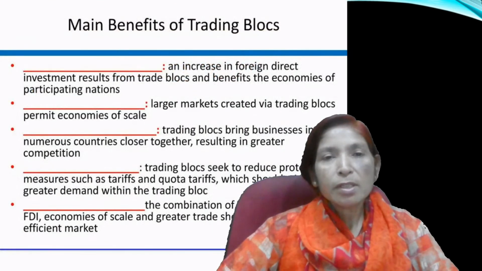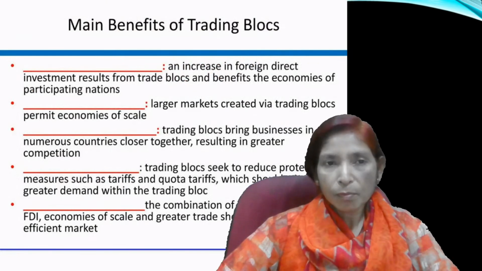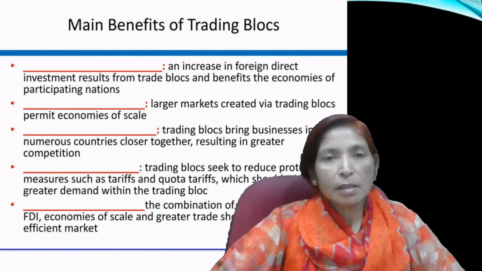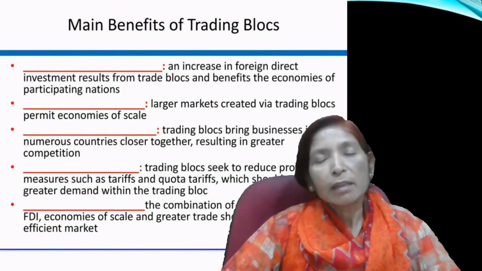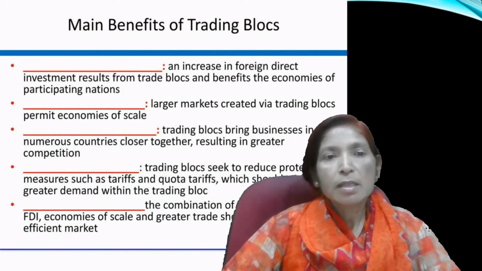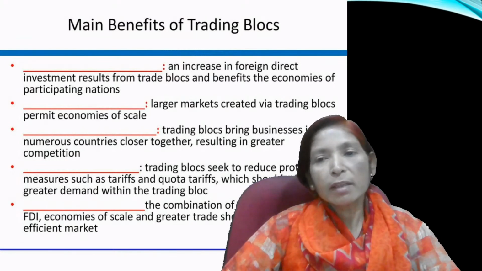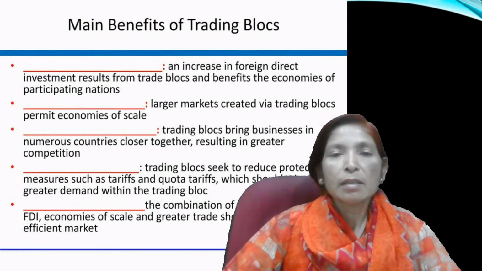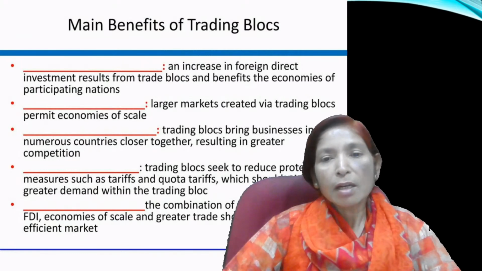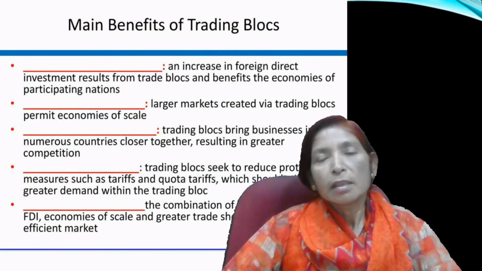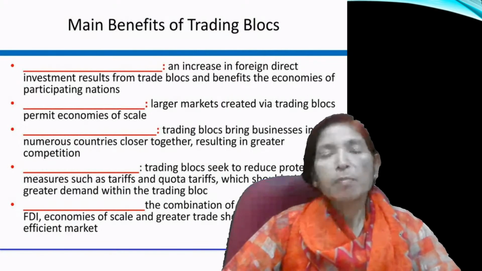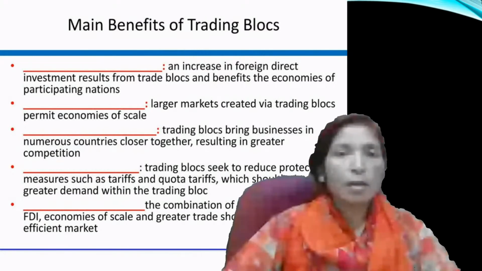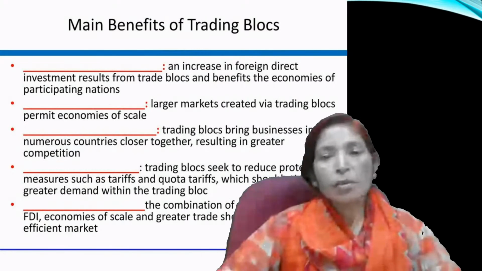Next are the main benefits of trading blocks. There are some benefits which we can get through these trading blocks. Number one, an increase in foreign direct investment results from trade blocks and benefits the economies of participating nations. Second, a larger market can be created via trading blocks, permitting economies of scale. Third, trading blocks bring businesses in numerous countries closer together, resulting in greater competition.